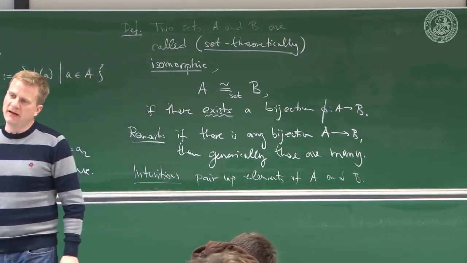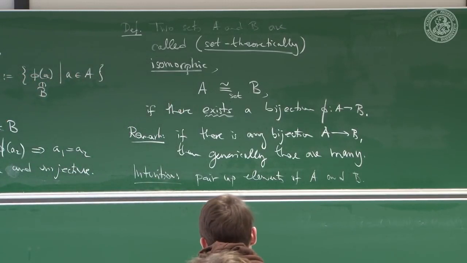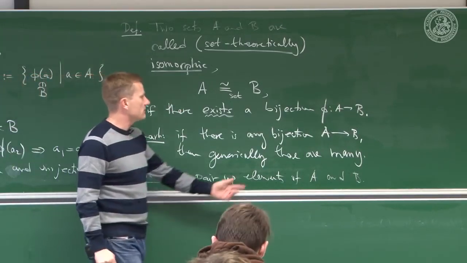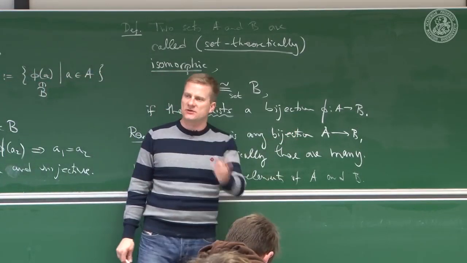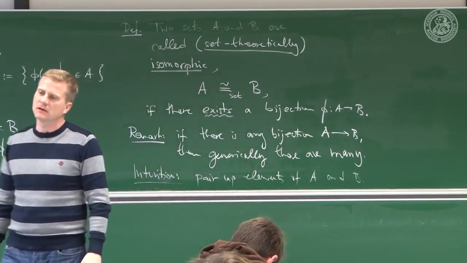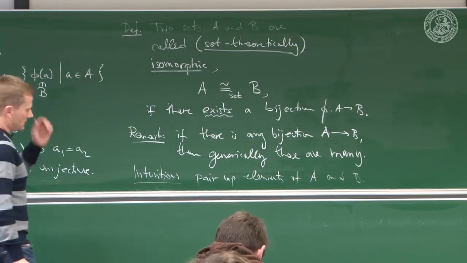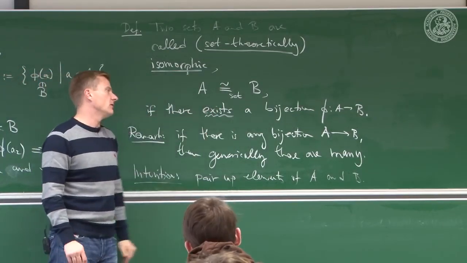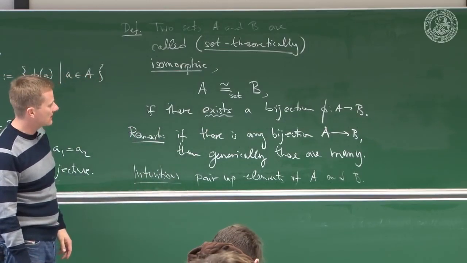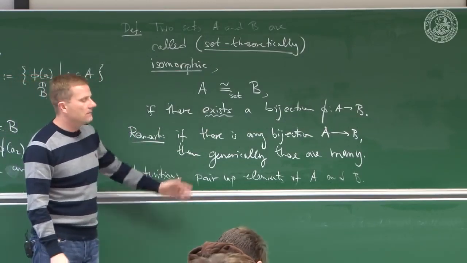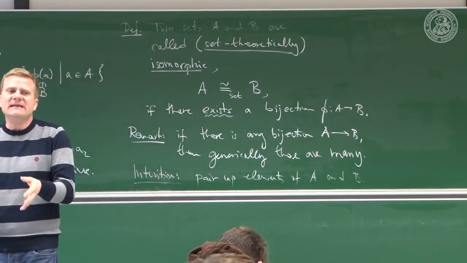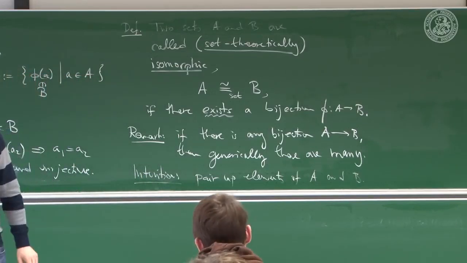All you've got to do is pair up the boys with the girls in pairs. And if there's nobody left, then obviously you have a bijection, because to every boy you find a girl. But you find exactly one girl, so it's injective and surjective, and every girl gets assigned to a boy. Then you have the intuition of equal size.